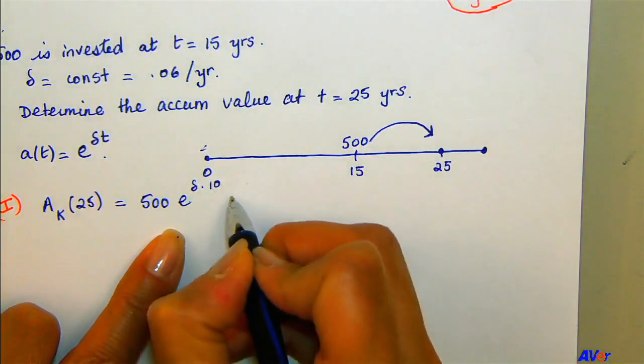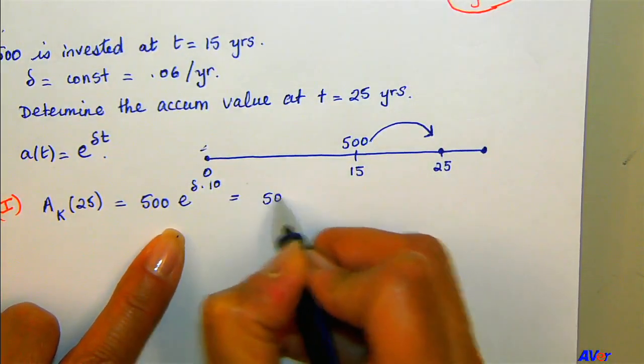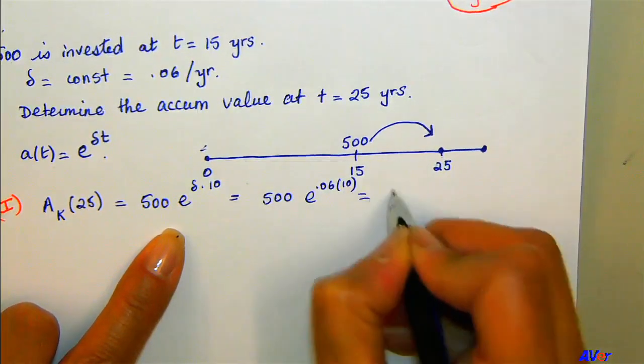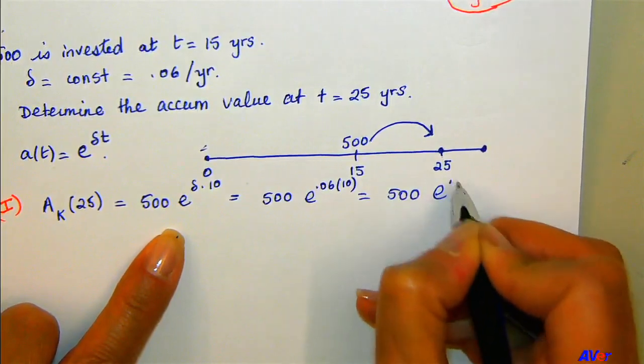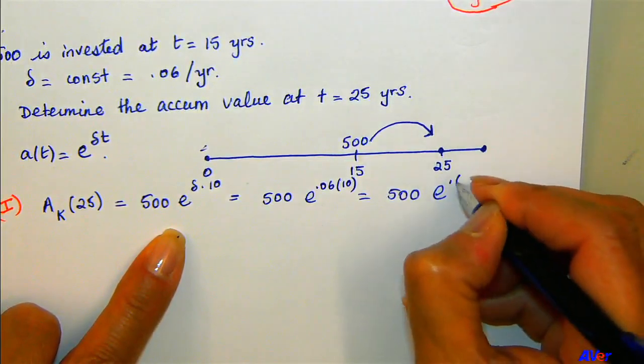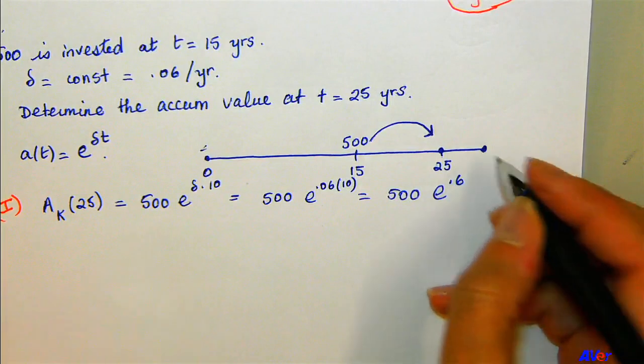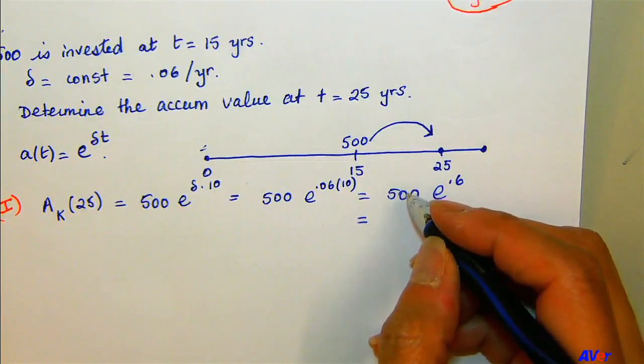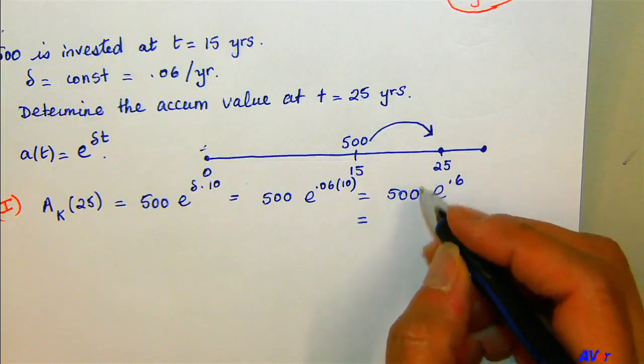That's it, done. So that's 500 e to the 0.06 times 10, which is 500 e to the 0.6. And what do you get? Where's your calculators, folks?